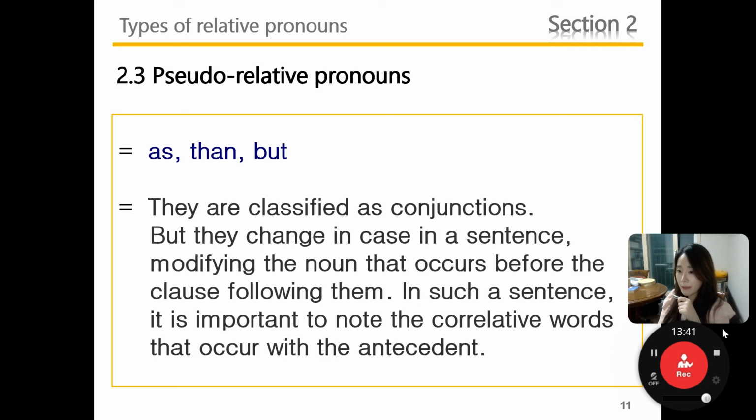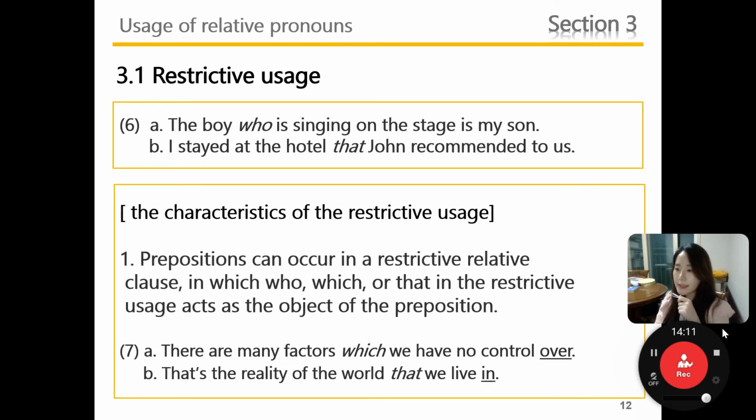There are three pseudo-relative pronouns, as, than, and but, which are also classified as conjunctions, but they change in case in a sentence, modifying the noun that occurs before the clause following them. In such a sentence, it's important to note the correlative words that occur with the antecedent. In the next section, let's take a look at the usage of relative pronouns.